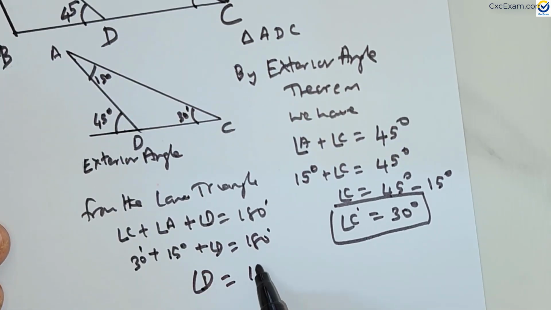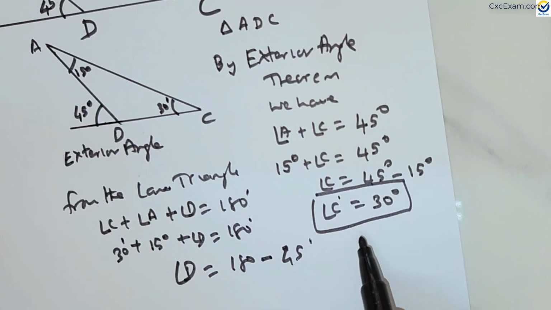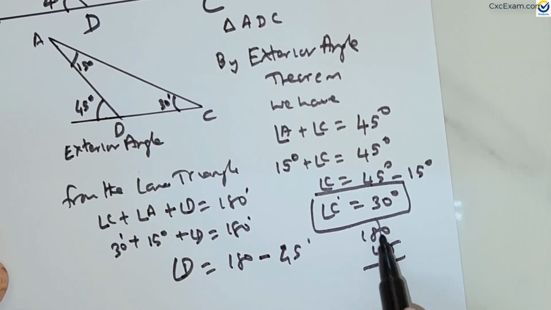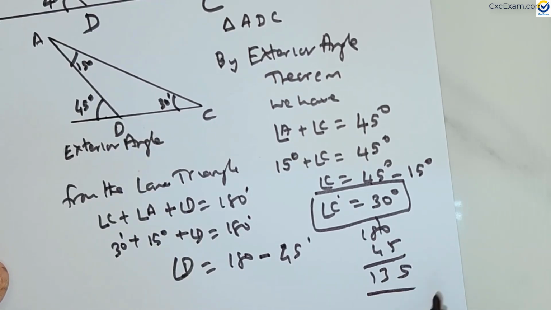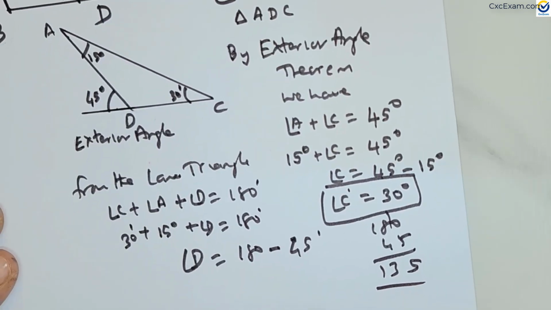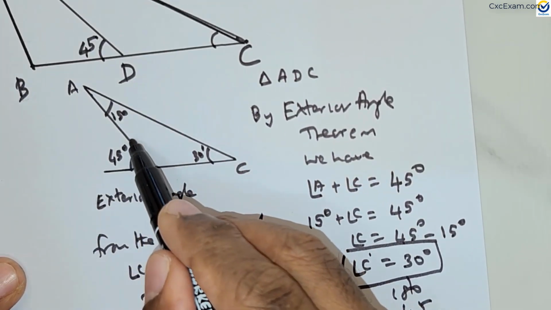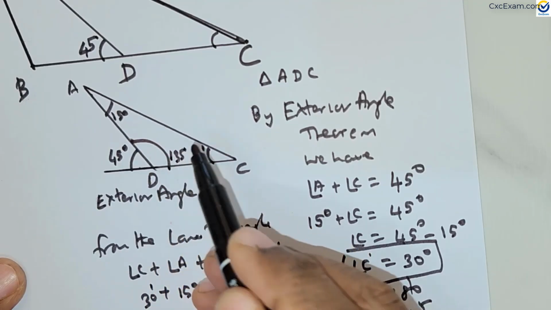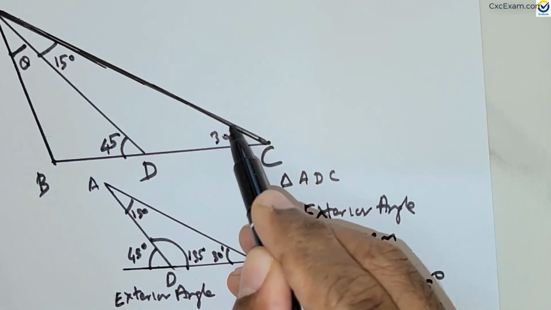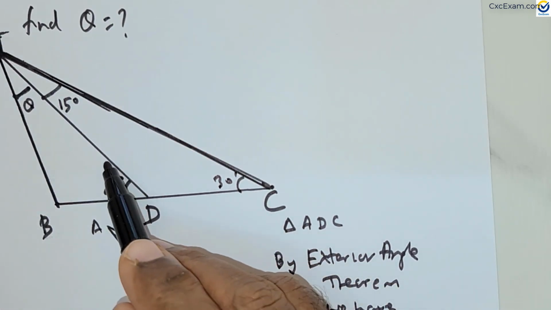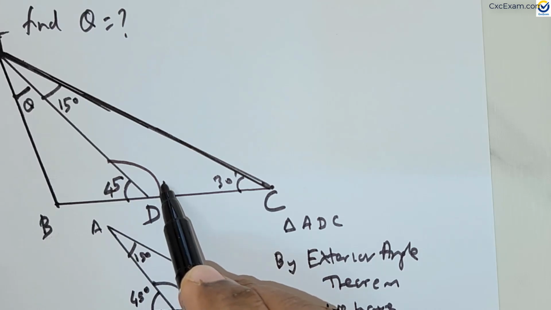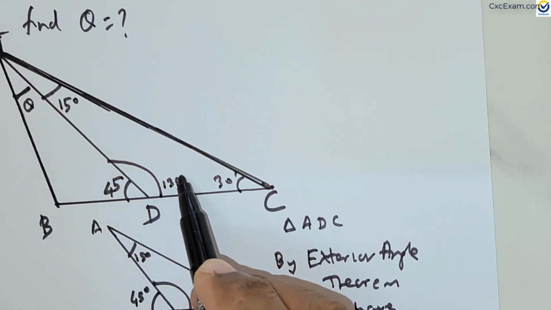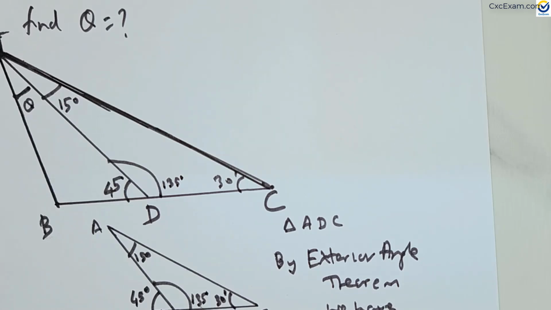So angle D is equal to 180 negative 45. You take away 45 from 180, and 135 will be the answer. So this entire angle is 135. Going back to the original picture, this is 30, this entire angle is 135 degrees.